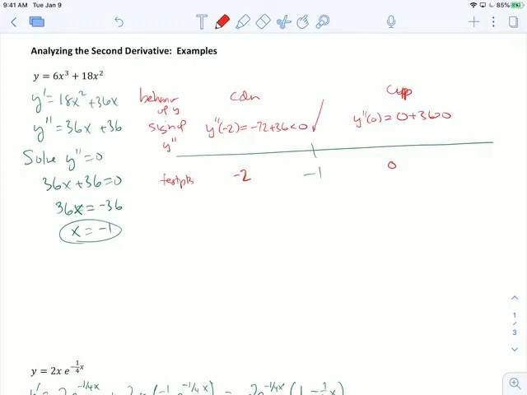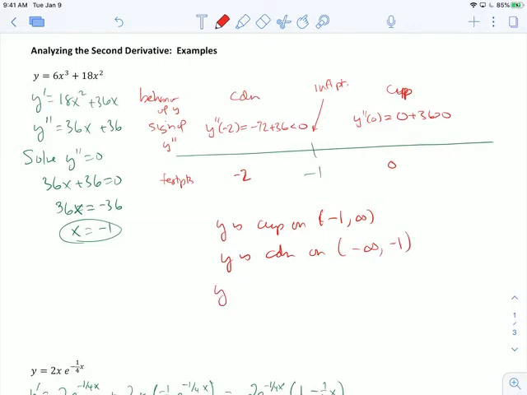And I've got a switching concavity here, so this is an inflection point. And so we summarize, y is concave up on negative 1 to infinity. Y is concave down for numbers less than negative 1.